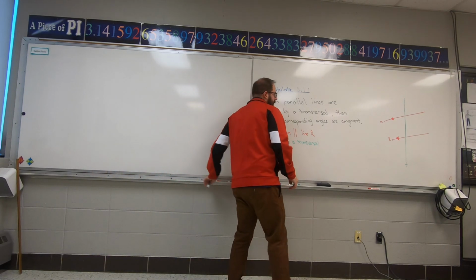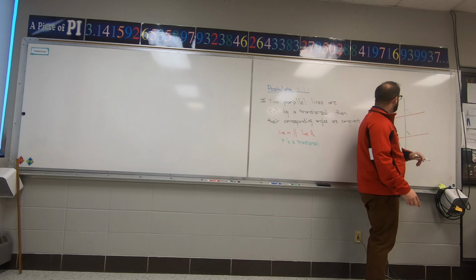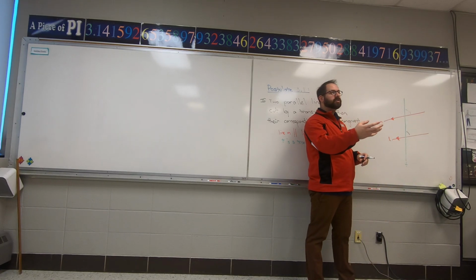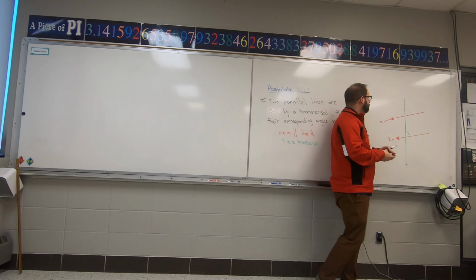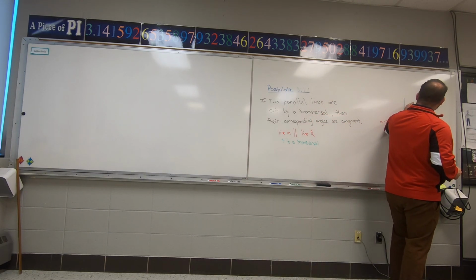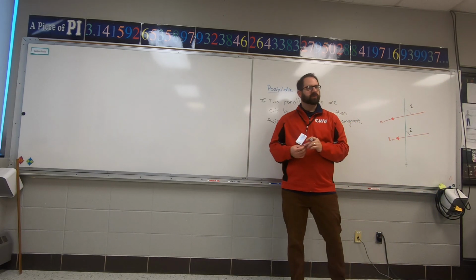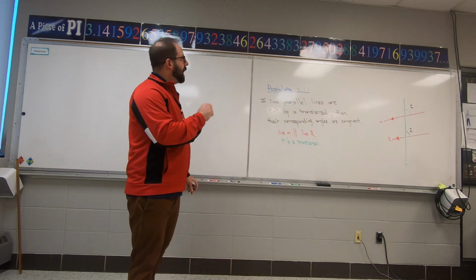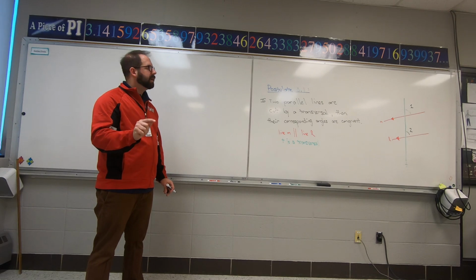So one's inside, one's outside. They're on the same side of the transversal, and they're not physically touching or adjacent. That's the word that they use. So I'm going to mark this as angle number 1 and angle number 2. Put little numbers there. What this postulate is saying is that those angles are always equal if your lines are parallel.